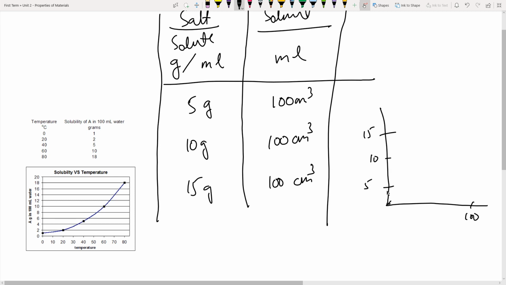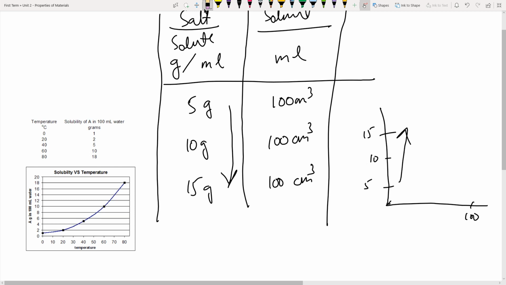You'd find that these solutions are able to dissolve. So you would find that as I'm increasing the amount of solute, the concentration is increasing, right? In other words, there are more solute particles present. So this is going up in this axis.